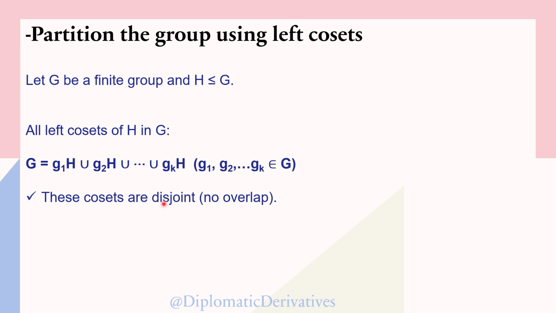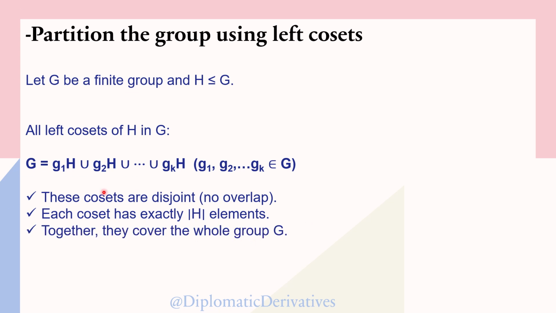These cosets are disjoint, meaning there is no overlap; all the left cosets are either disjoint or the same. Make sure you remember the story of the soldiers and the squads, so that's exactly what's happening here. Each coset has exactly order of H elements, so the size of the coset is the same as the size of the subgroup.